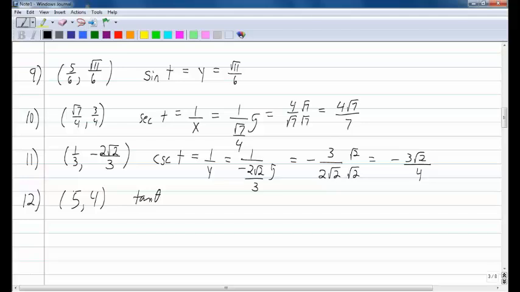We would usually need x, y, and r since it's not on the unit circle. And to do that, you use the formula x squared plus y squared equals r squared. But since we want to find tangent, tangent doesn't need r, so we don't have to find r on this problem. Tangent is just y divided by x. So that's 4 divided by 5.